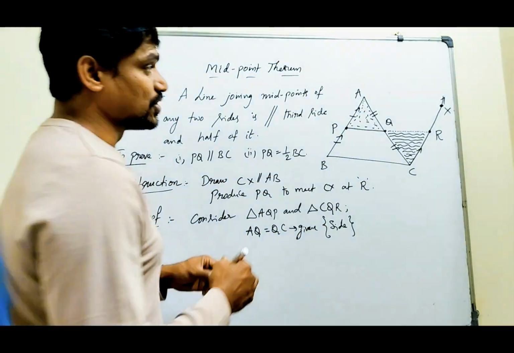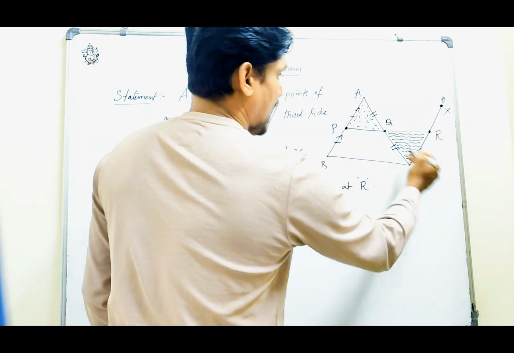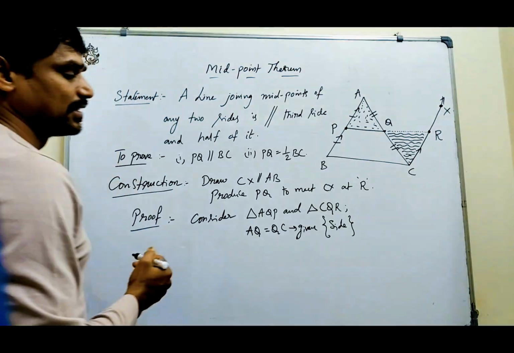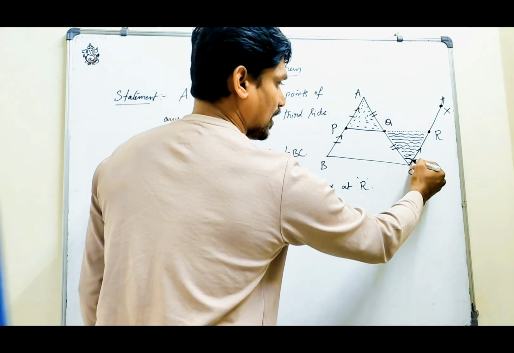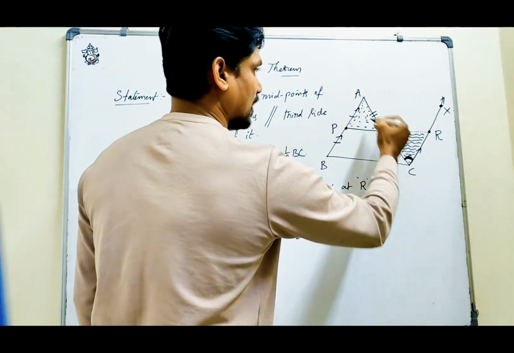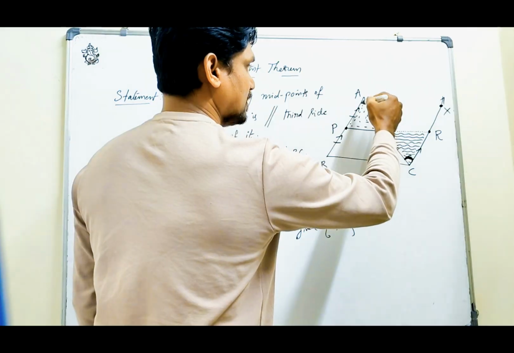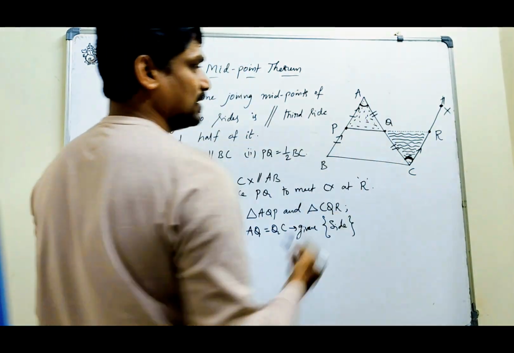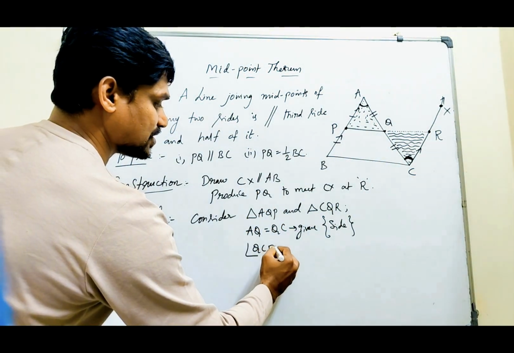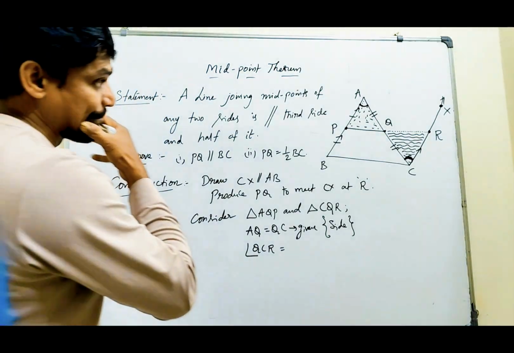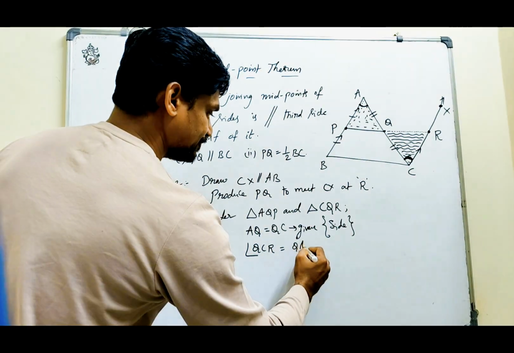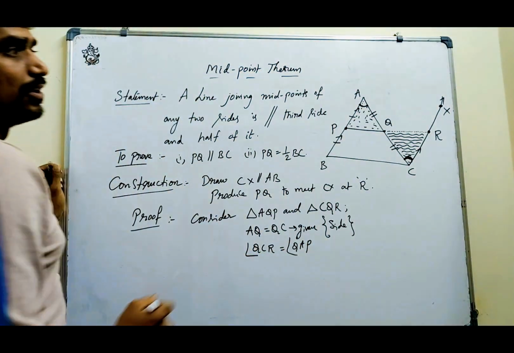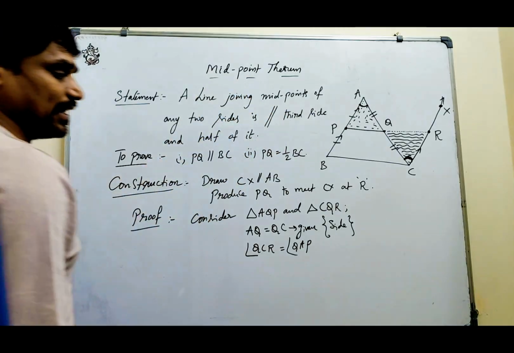Then if you clearly observe, CR parallel to AP, correct? As CR is parallel to AP, now this angle is equal to this angle. So QCR is equals to QAP.